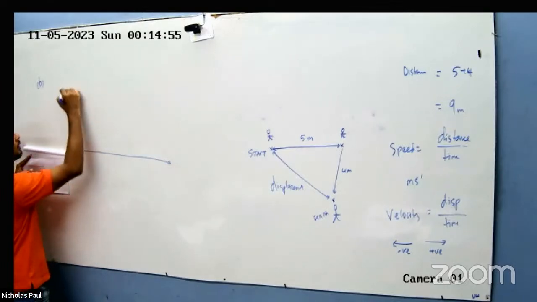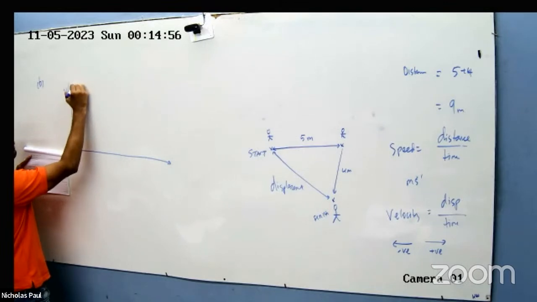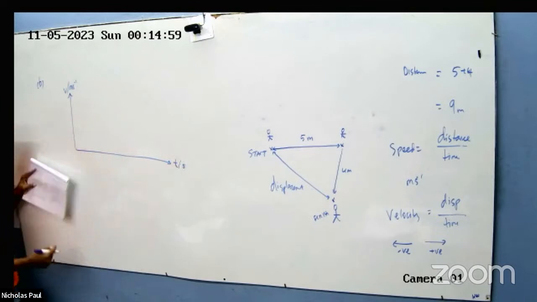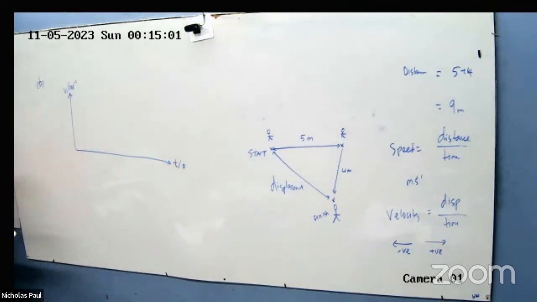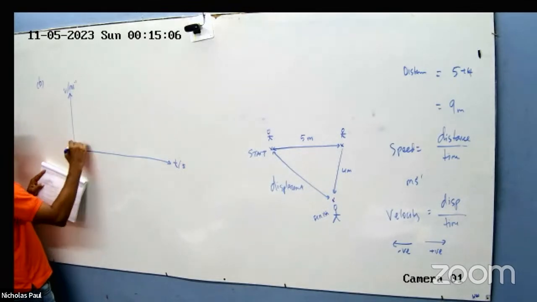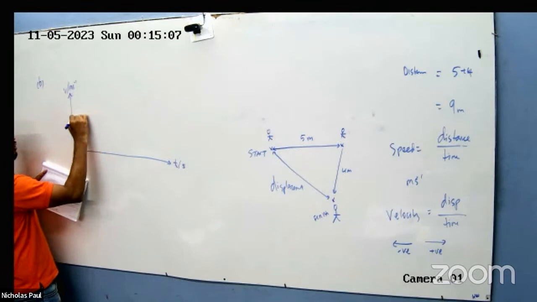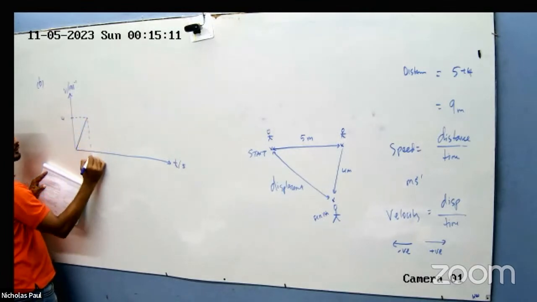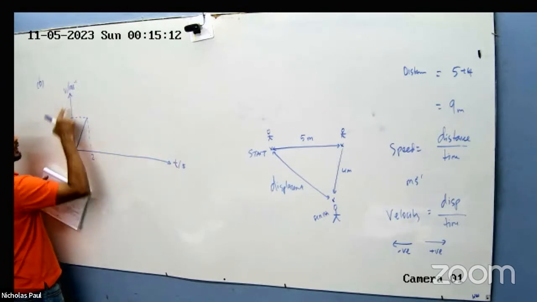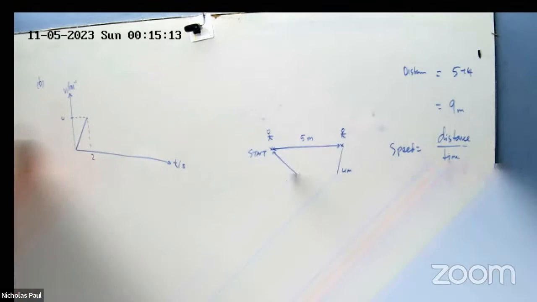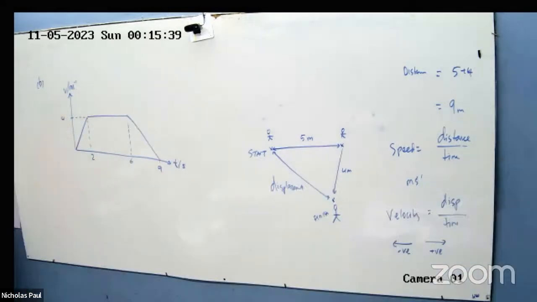The unit is here, so I don't have to write it. It then continues at constant speed for 4 seconds. Don't write 4 here, it's 2 plus 4, so it's 6. Thereafter it decelerates uniformly, coming to a complete stop in 3 seconds. 3 plus 6 is 9. So your graph will look like that. That's the first part.